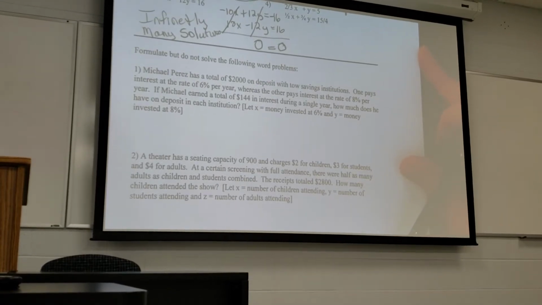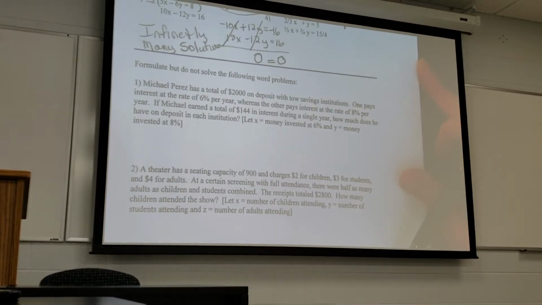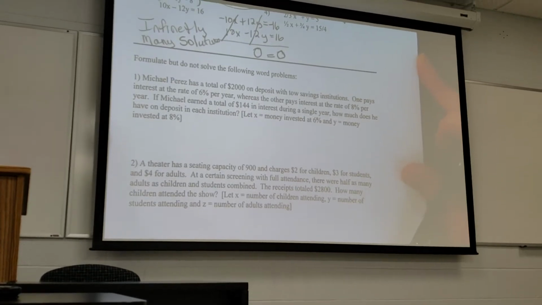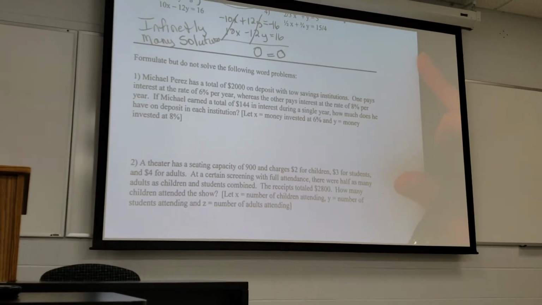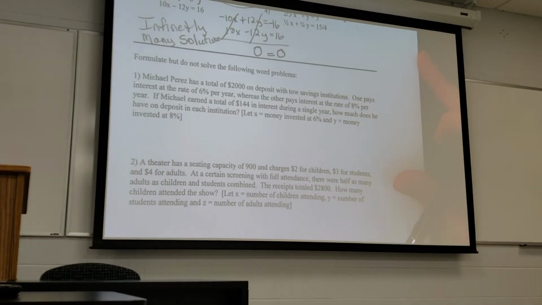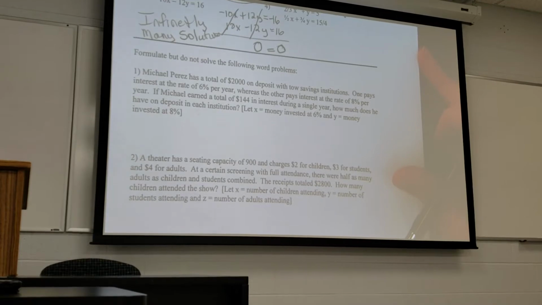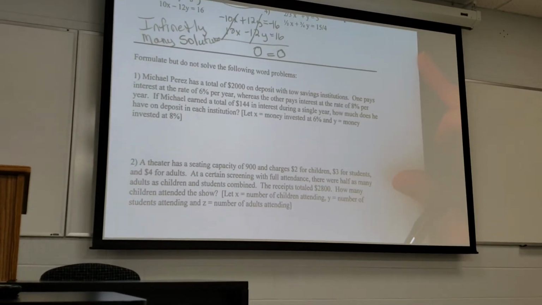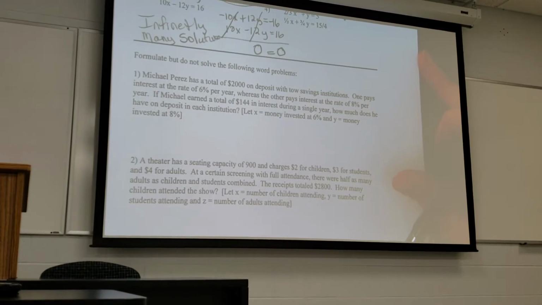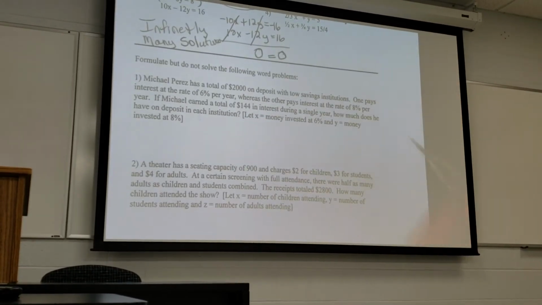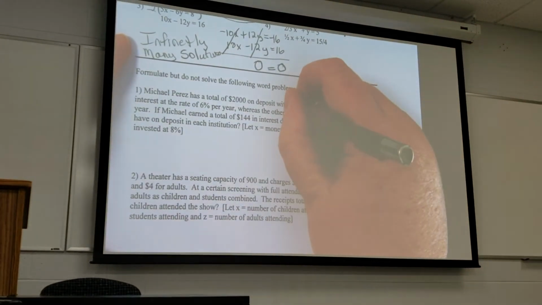It doesn't want us to solve it. I have to change that. It says formulate but do not solve. I'm gonna look at it, and if it's doable, we'll solve it. If it's really crazy, I'm not gonna touch it. It says Michael Perez has a total of $2,000 on deposit, and I have misspelled the word. It's in 2 savings accounts, not total.